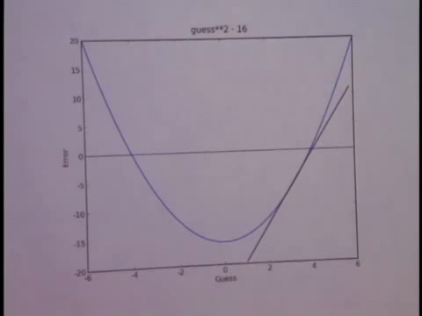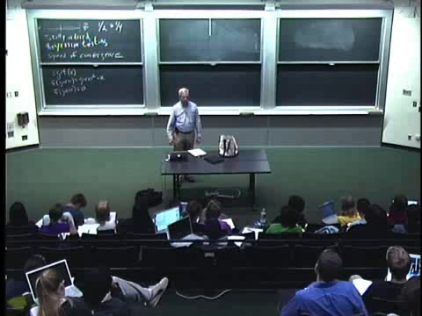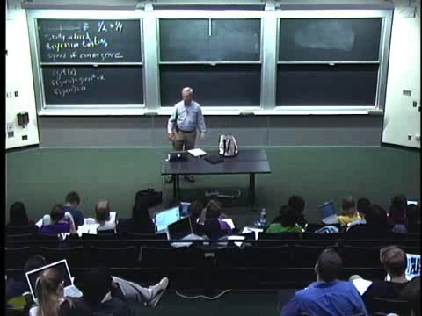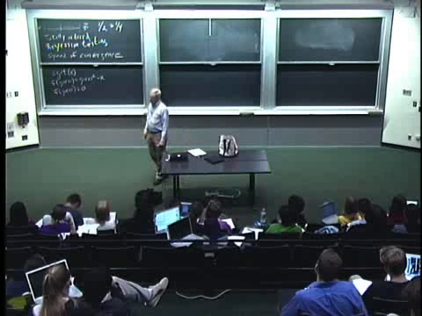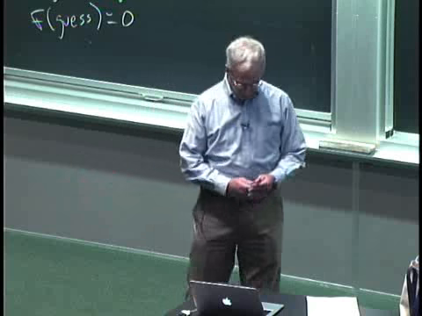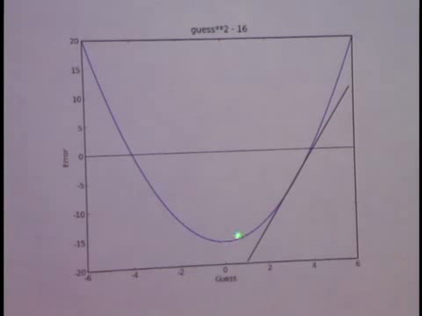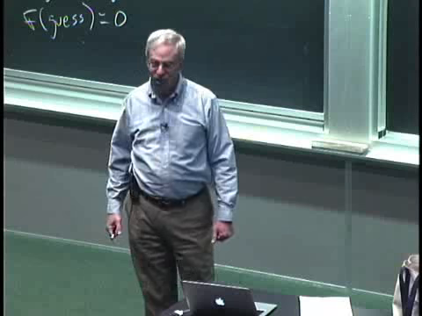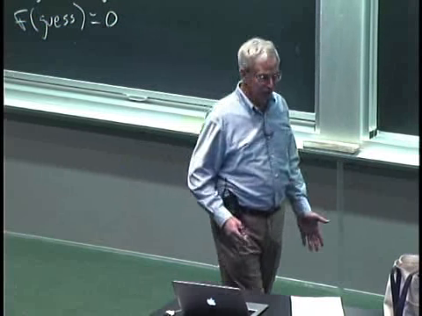Is that always true, by the way? Show me a place where that's not true, where the tangent line will be really bad. Yeah, suppose I choose it right down there, I guess 0. Well, the tangent there will not even have an x-intercept. So I'm really going to be dead in the water.